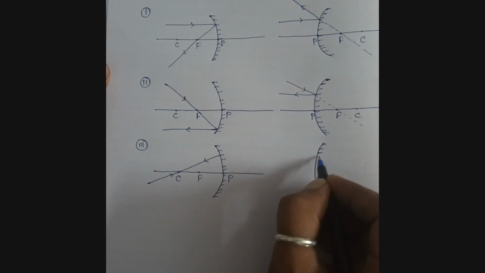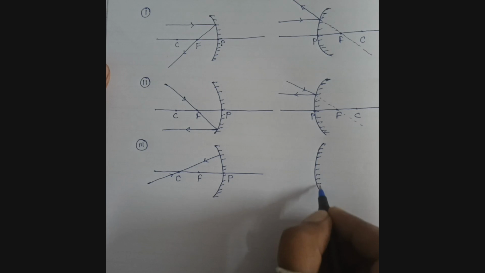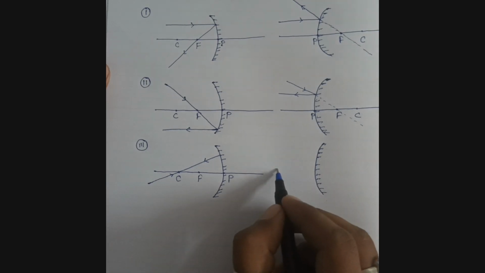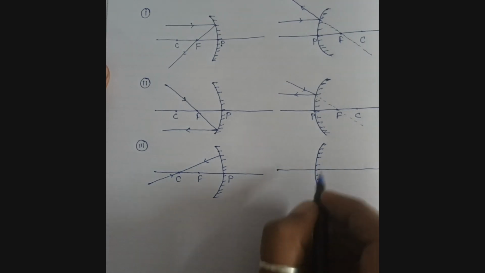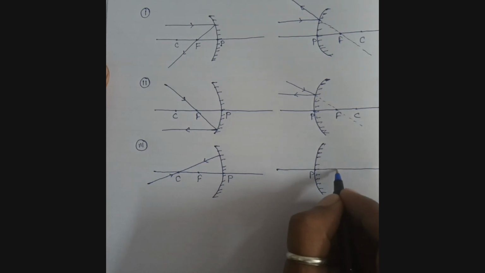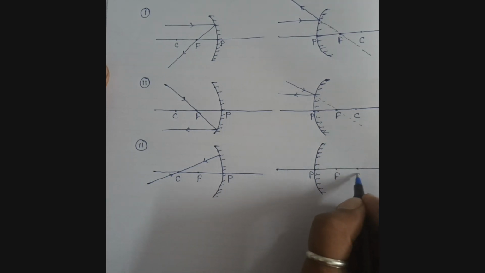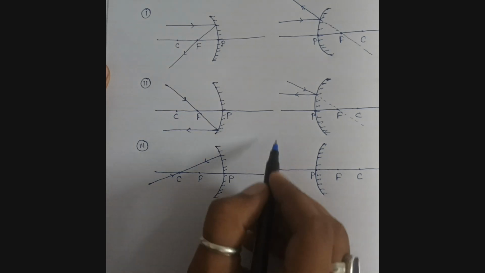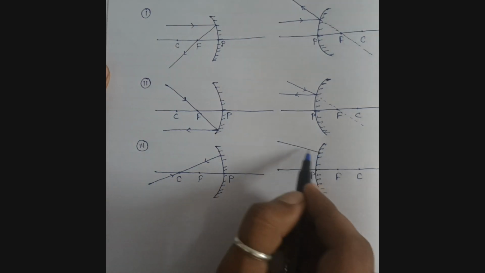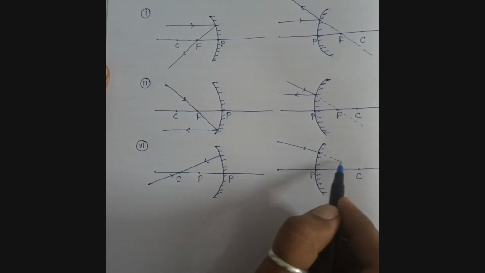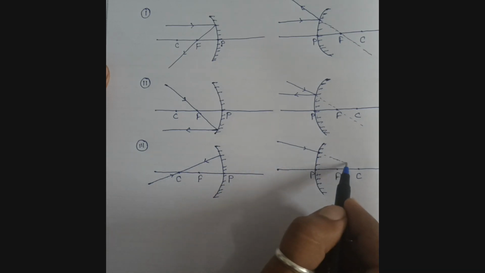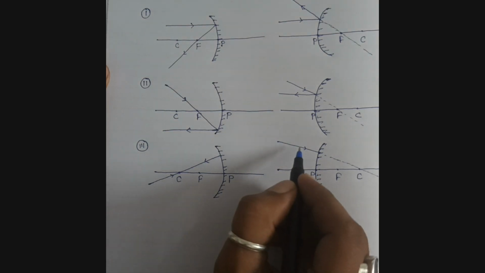Let us consider we have this as a convex mirror. This is the principal axis, this is the pole, focus, and let us consider this is the center of curvature. If we incident any light ray directed towards the center of curvature, if we trace the light ray beyond the mirror, we see it is passing through the center of curvature. Now what happens when the light is reflected?